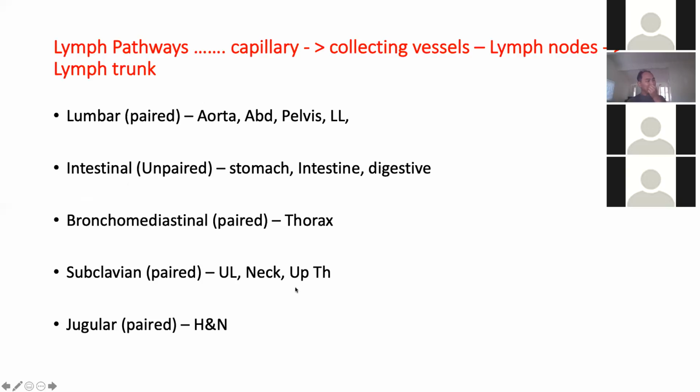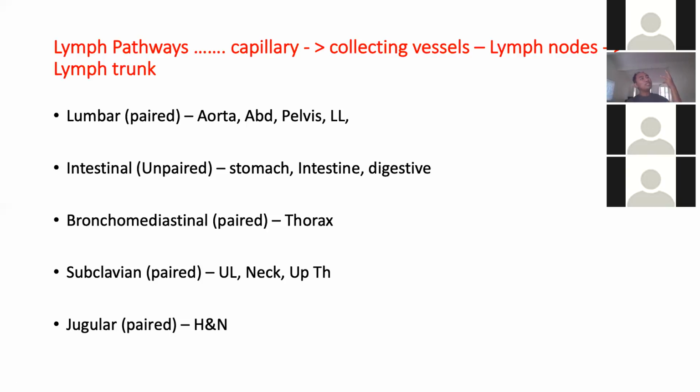From the neck, upper thorax, upper limb, they will combine to become subclavian trunk. Of course, you know subclavian vein. So this is subclavian trunk. From the head and neck region, jugular vein, they will become jugular trunk.